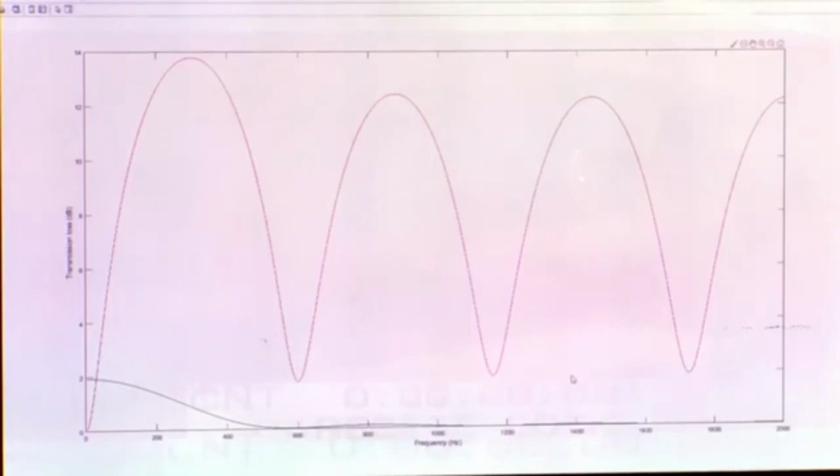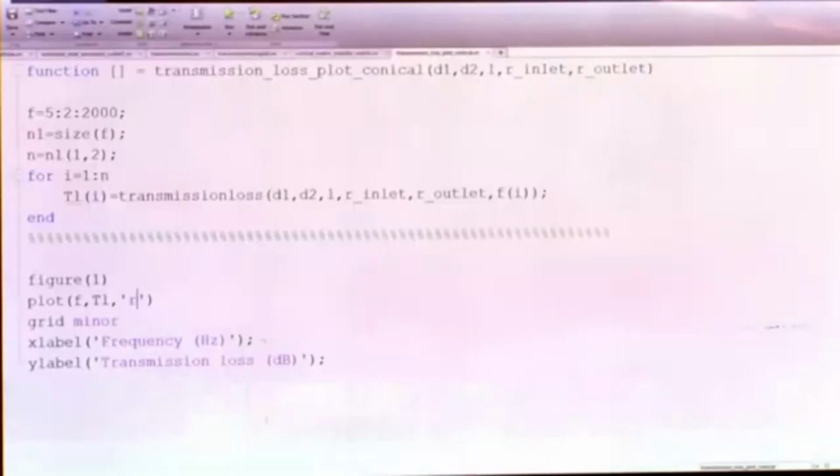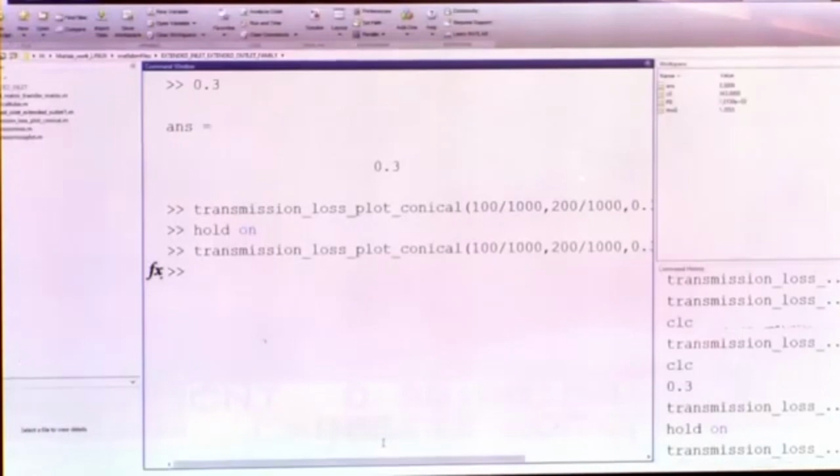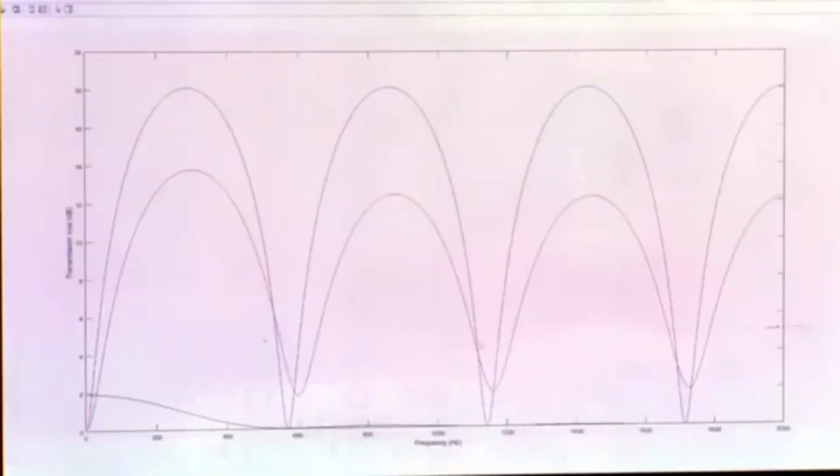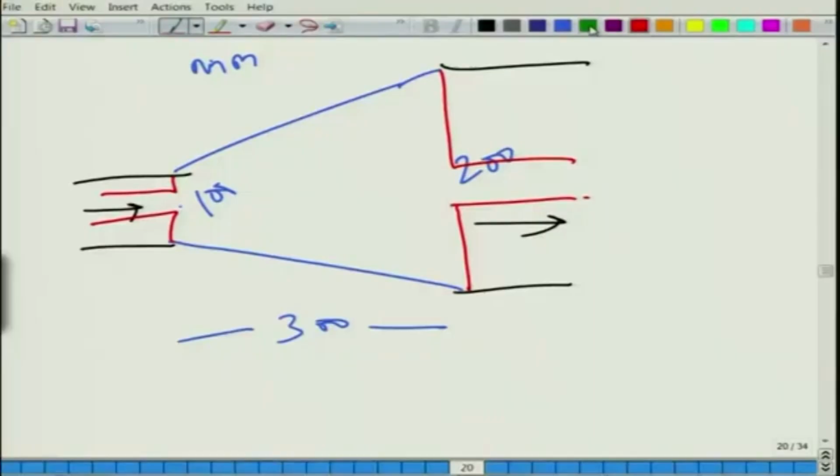Just to make the matters even more clear, if I use a blue color just to distinguish between the next configuration that I am going to present, and let me say this is diameter, let me call this 200 mm. So, you see, this was a uniform simple expansion chamber, let us get to the screen, and it was like this.